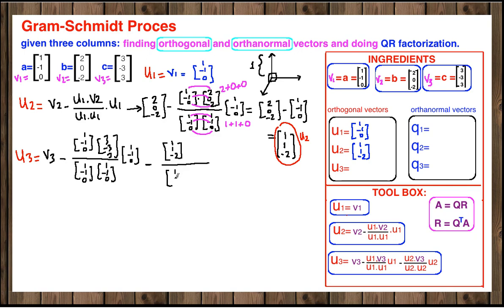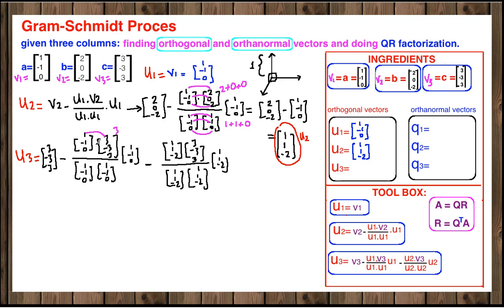Let's place them all. And we have V3 here, which is the third column again, 3, negative 3, 3. Let's do the dot products and clean up.